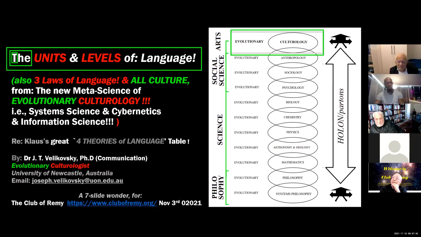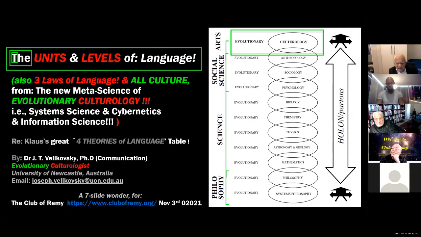So these principles from evolutionary culturology unite all these domains down through anthropology, sociology, psychology, biology, chemistry, physics, astronomy, geology, mathematics, philosophy, and systems philosophy. On the right, you'll see the 2 arrows, and that's showing that holon partons, these units and levels of culture, go all the way through all those domains.